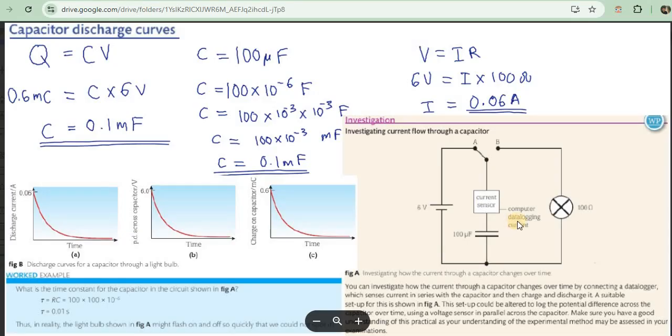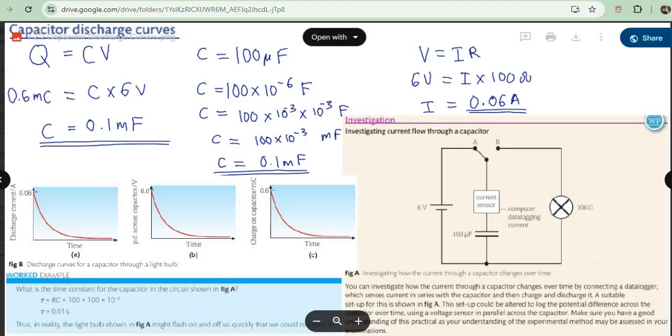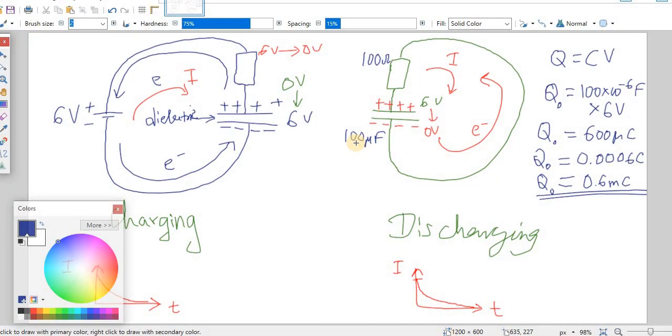Now remember, if you consider this, the resistance is 100 ohms, so I have labeled that here 100 ohms. The capacitance of the capacitor is 100 microfarads. The initial potential difference on the capacitor is 6 volts. So let's use Q is equal to CV to find the initial charge.